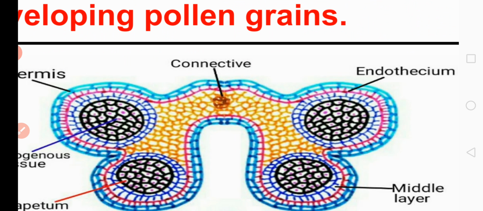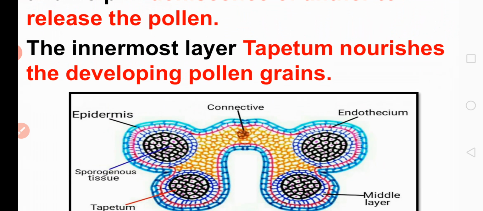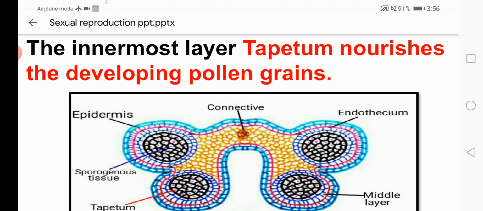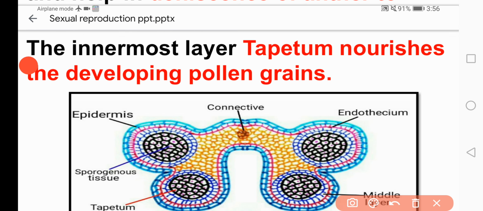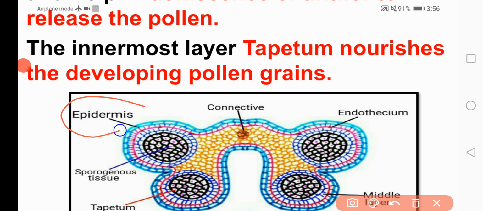Now each microsporangium contains 4 wall layers. The outermost wall layer is called epidermis, and epidermis is nothing but the outermost layer of the microsporangium. Am I clear? And it is a single layer structure.